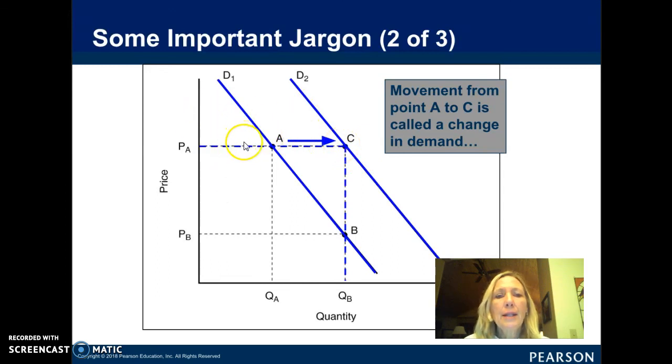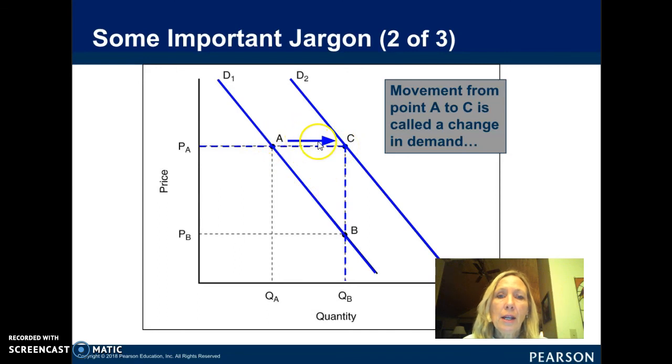On the other hand, this idea of a change in quantity demanded, as your book states it, is this point from point A to point B. And that is, notice in the same year, if the price of hamburger decreases, we're going to buy more of it. Either way, we're going to buy more. We can buy more if the price decreases, or we can buy more if our income increases.